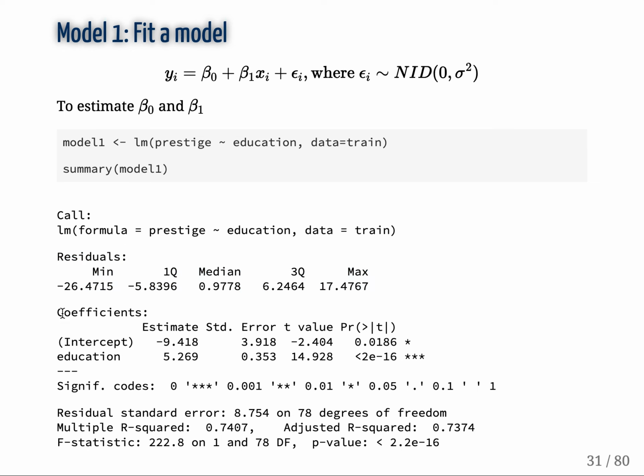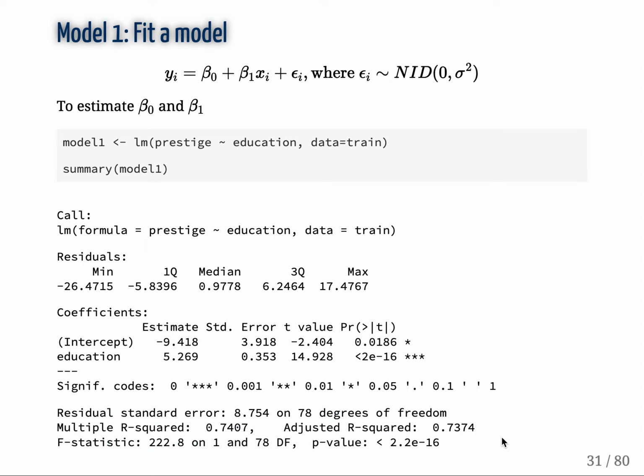Here you have the description of coefficients, their estimated value, standard error, t-value, and the proper p-value. And here you have some statistics related to the overall accuracy of the model: residual standard error, multiple R squared, adjusted R squared, F statistics, those things.